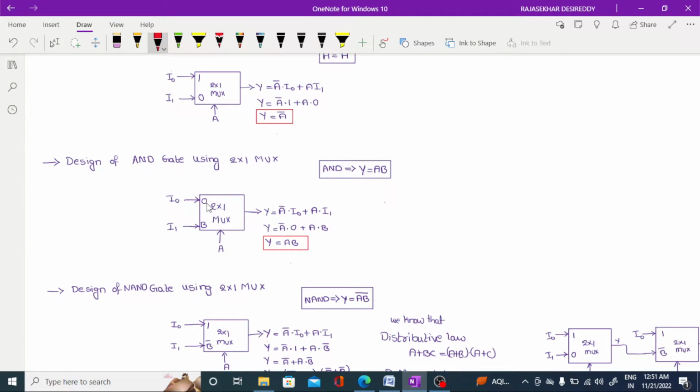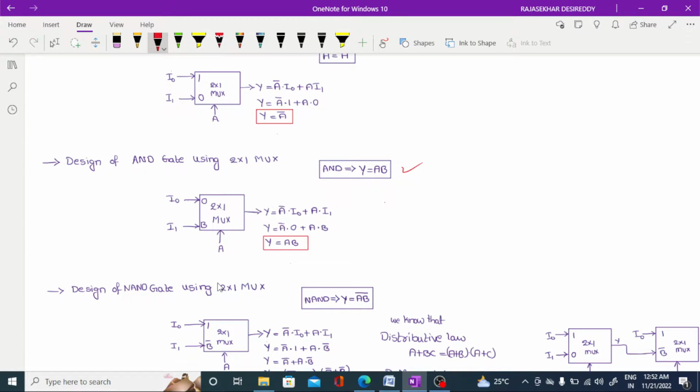So now I0 value is 0 and I1 value is B. Substitute in our standard equation for the 2 by 1 mux: A bar into I0 plus A into I1. What is I0? 0. What is I1? B. So 0 into anything is 0, and we get A into B. So hence it is satisfied. With the help of a 2 by 1 mux, we can easily implement the AND gate, with inputs 0 and B.